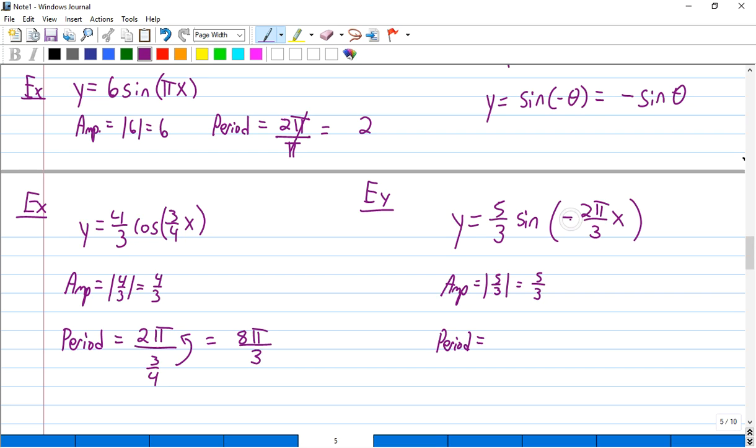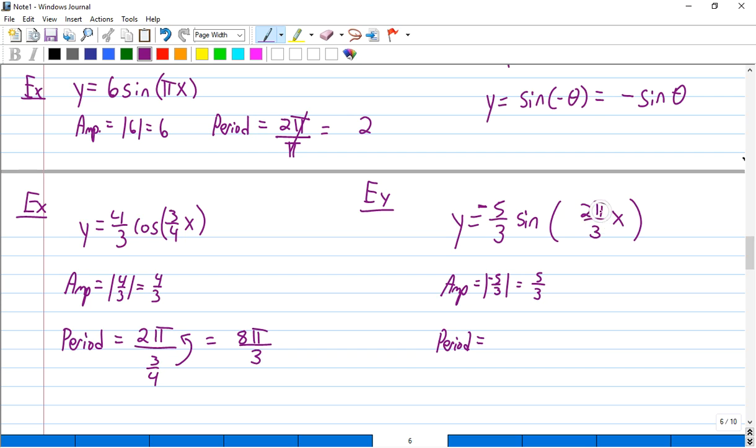So if you have a negative right here, you need to take that negative and move it to the front. So the amplitude is going to be the absolute value of negative 5/3, which is still 5/3. I have to move that negative though, because remember, a period is a distance. It's a length. If I plug in that negative value, I can't have a negative length. You can't measure out a negative length.